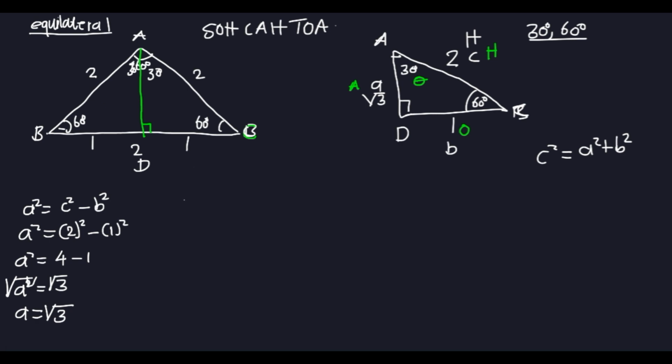Okay, so we begin with sine. So sine theta from the SOH part is equal to opposite over hypotenuse. So sine 30 is equal to, our opposite is 1 over the hypotenuse, which is 2. So sine 30 is 1 over 2, or we can just say it's half, or 0.5.